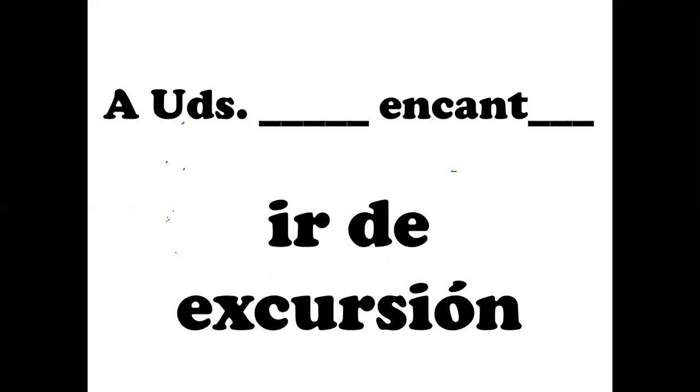One more. A ustedes encanta ir de excursión. So give me the indirect object pronoun and the ending to encantar. Pause it if you need more time. A ustedes les encanta ir de excursión. Ir de excursión means to hike.